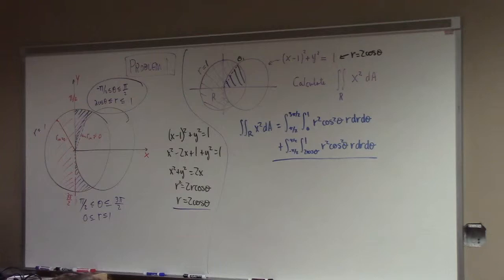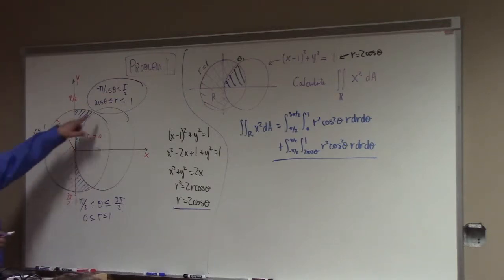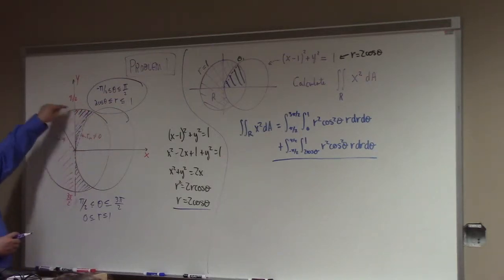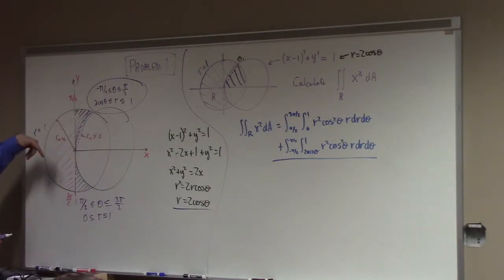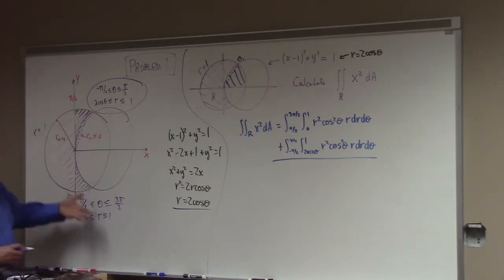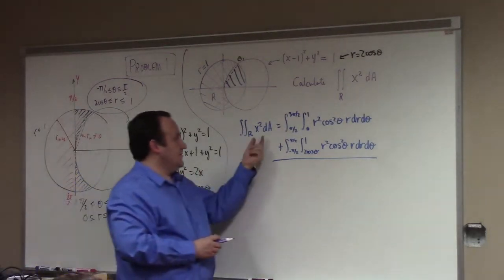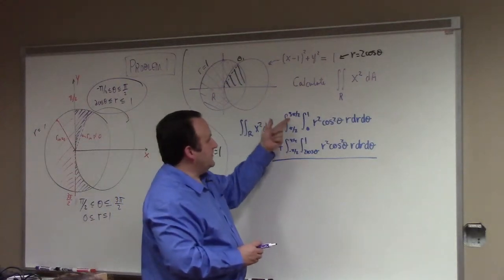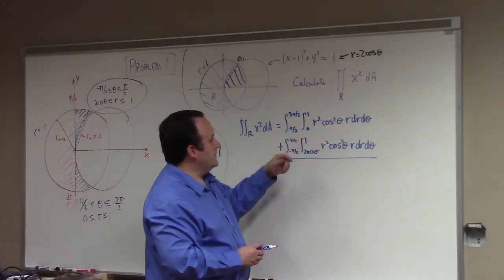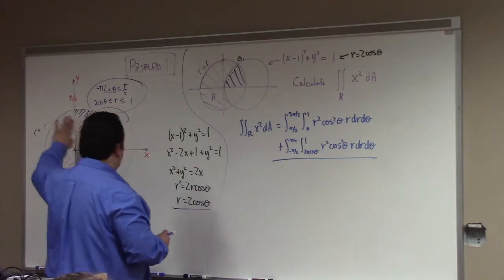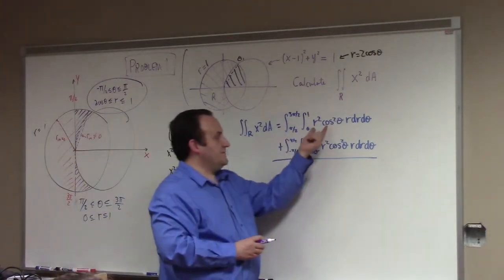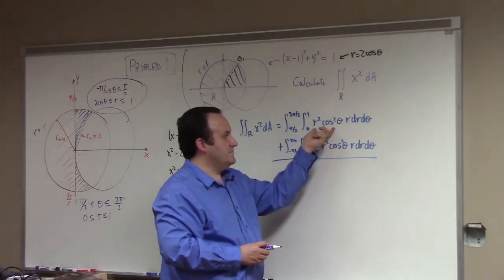Now, the lower bound is 2 cosine theta. The upper bound is still 1, because it's still the unit circle that's the outer edge. And so the integral has to get broken up into 2 pieces. The integral of x squared dA: we integrate from pi over 2 to 3 pi over 2, and from 0 to 1. That would be the red part. And what's this r cosine squared theta?